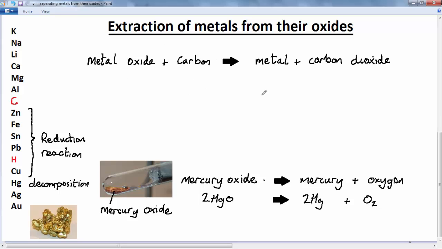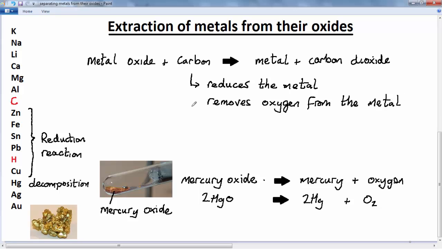So when this takes place, we say that carbon reduces the metal. That means it removes oxygen from the metal. And we say that carbon is a reducing agent.